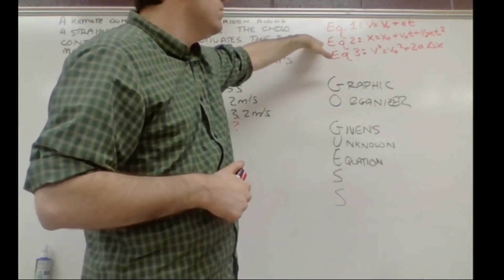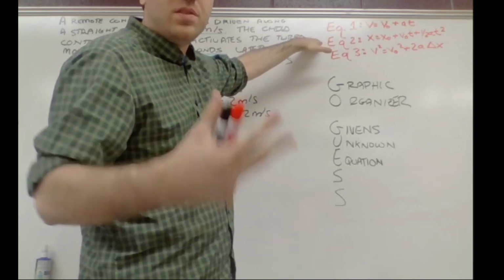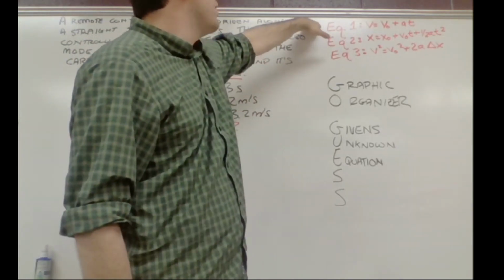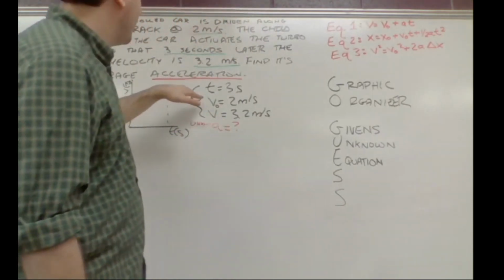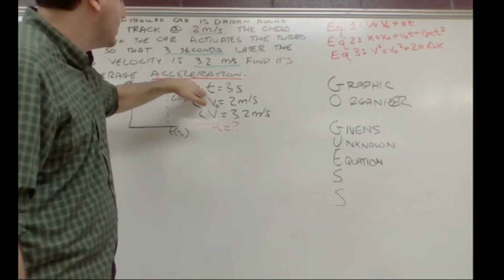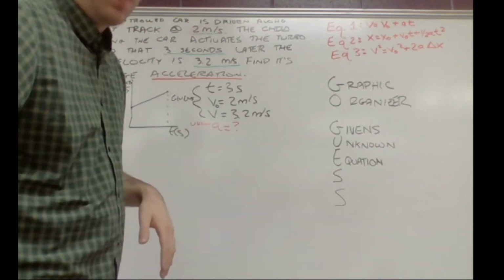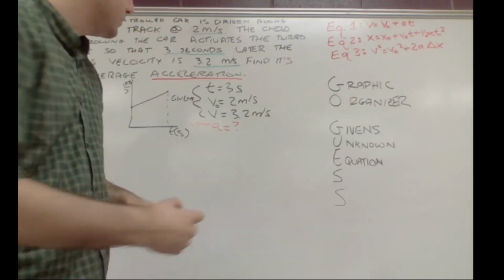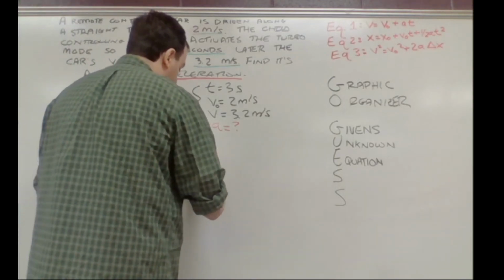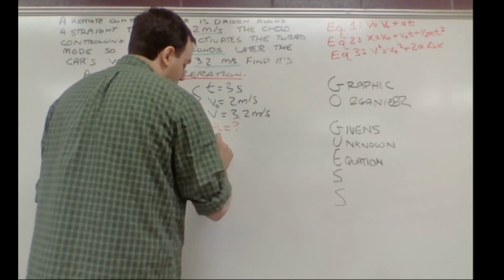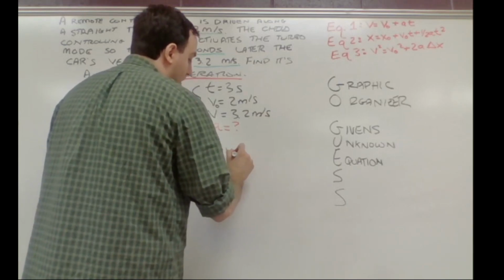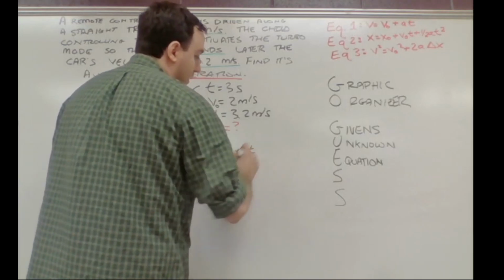Same thing with equation 2. There's no mention of position at all. Leaving me with equation 1, V equals V naught plus AT. We have V, V naught, A, and T. Seems like a good spot to be. So my equation is V equals V naught plus AT.